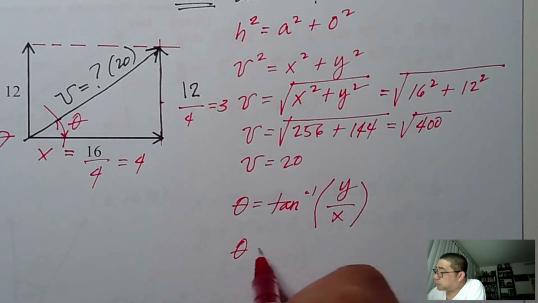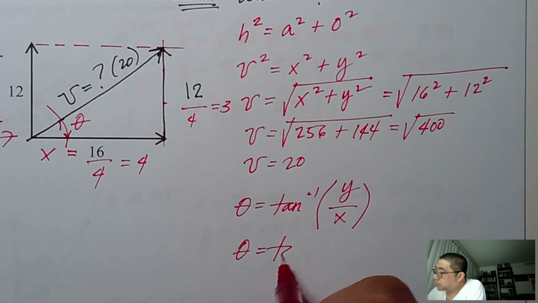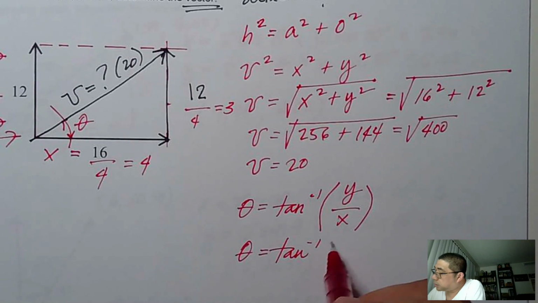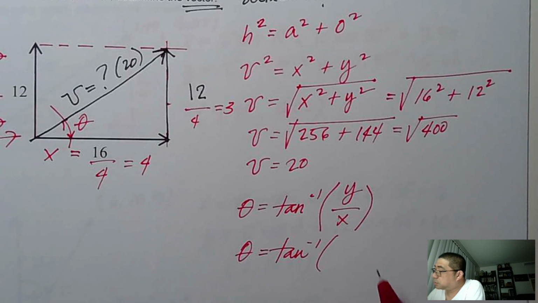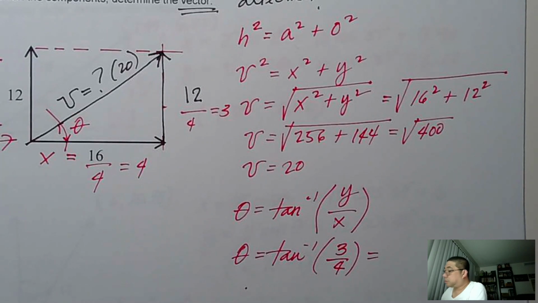So arctangent, tan^-1, arctangent. Okay, so arctangent of 3 over 4, so 3/4. So therefore, what is the direction? Let's use your calculator to solve it.